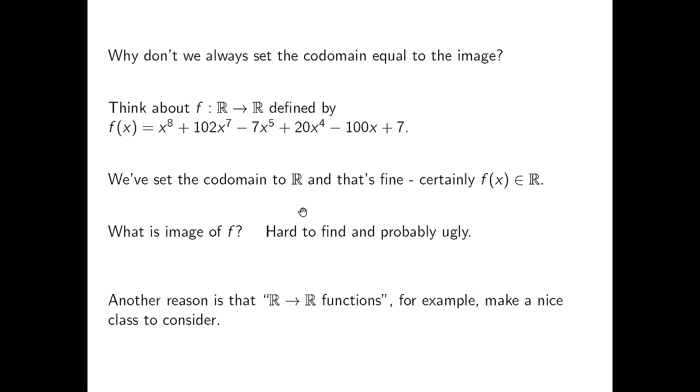So for example, the functions that map reals to reals make a nice class to consider without subdividing them according to exactly what their images are. So there's various good reasons why you want to keep your codomain and your image as separate concepts, if that makes sense.